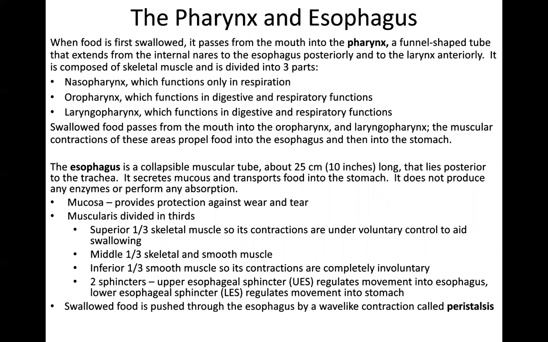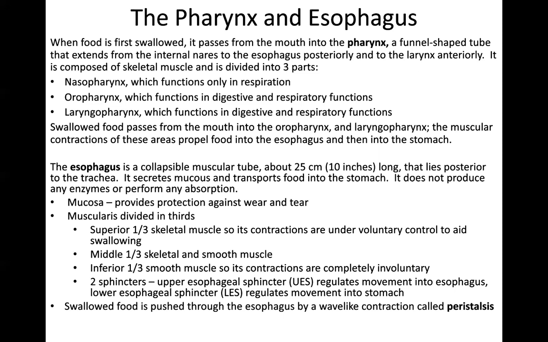Your pharynx allows swallowed food to pass from the mouth and then through the oropharynx and the laryngopharynx on their way to the esophagus, which then carries it into the stomach. Now, the pharynx is a muscle-bound funnel-shaped tube that uses the contractions of the oropharynx and the laryngopharynx to help push the food forward.